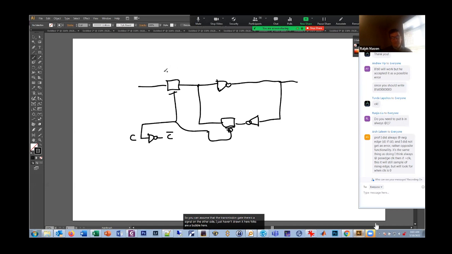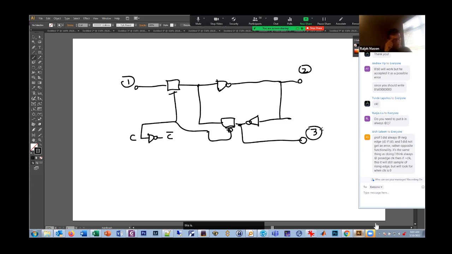So these are the opposite control transmission gates. This is node 1. This is node 2. And this is node 3. So why don't you tell me what kind of circuit this is and label the nodes 1, 2, and 3.